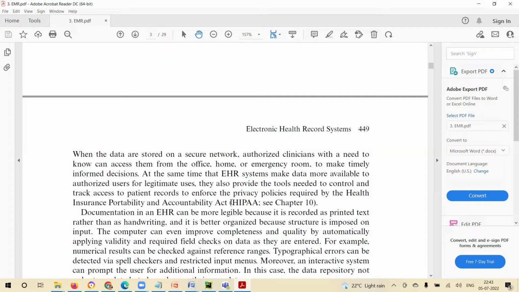It says maybe not all. There are some diseases, some symptoms which are public, so any doctor can access them. Let's say you come to me for 3 kinds of treatment, and 2 of them can be shared in public, and the third one cannot be shared. It is confidential.